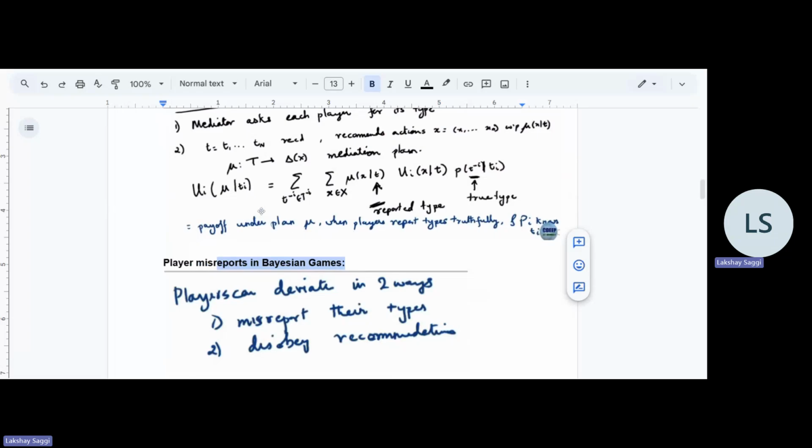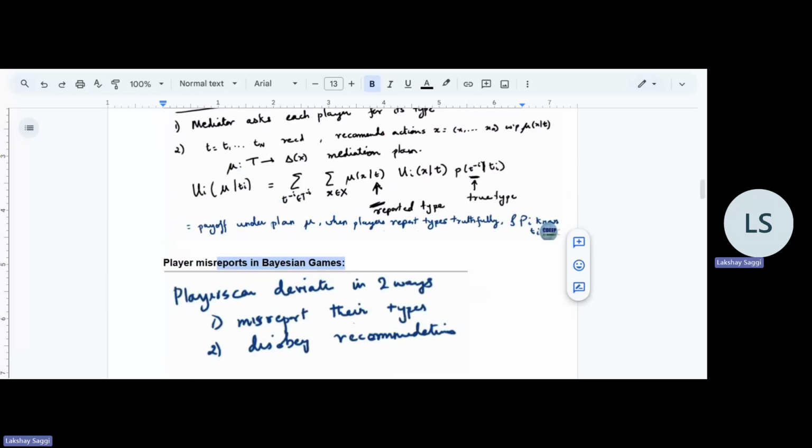It will happen when the payoff we wrote here, the payoff under plan mu when players report truthfully and obey, is greater for player i than the payoff when the player misreports or disobeys the recommendations of Google Maps. Then player i will be truthful and obedient to the mediator.